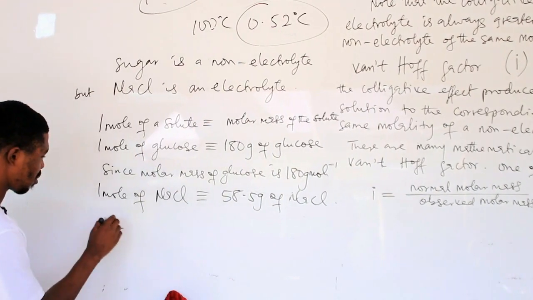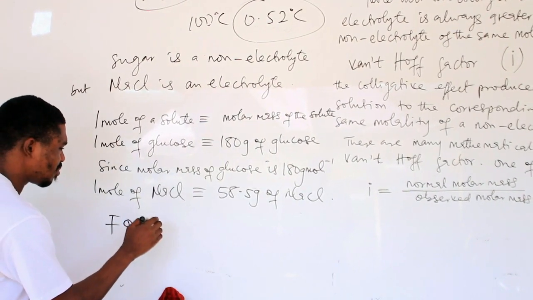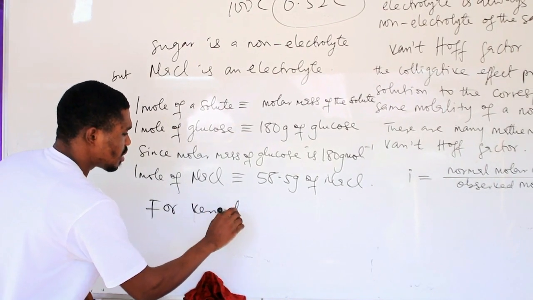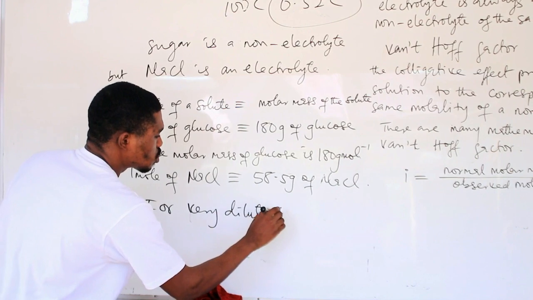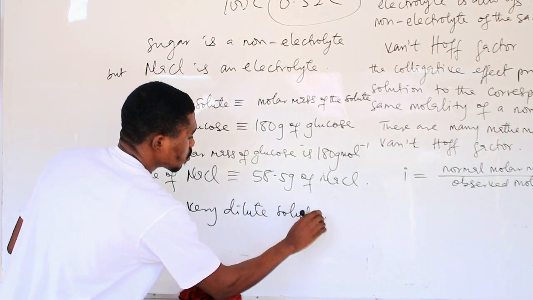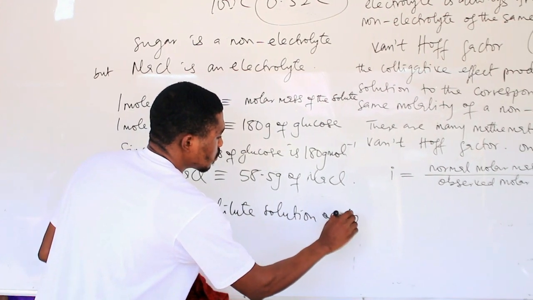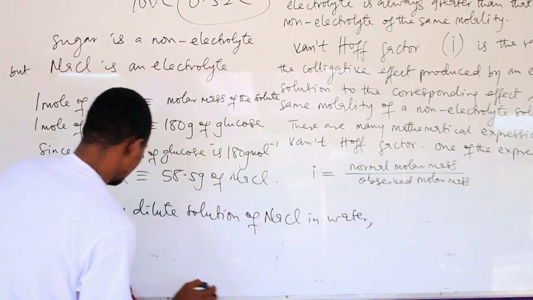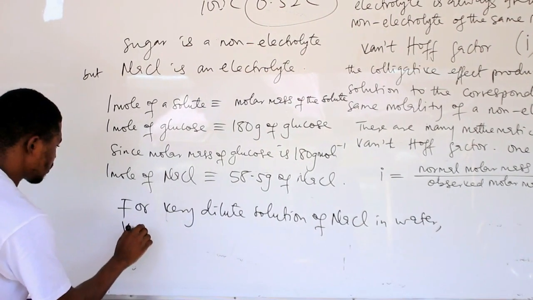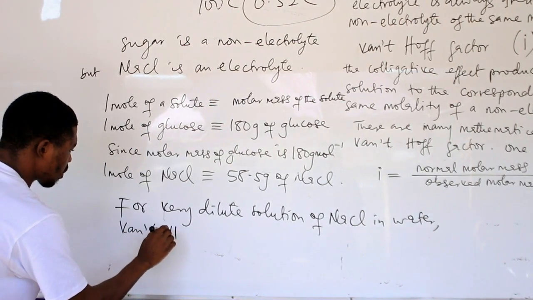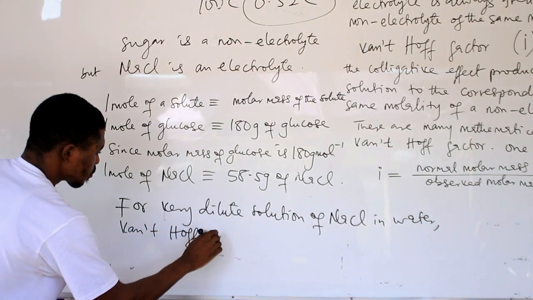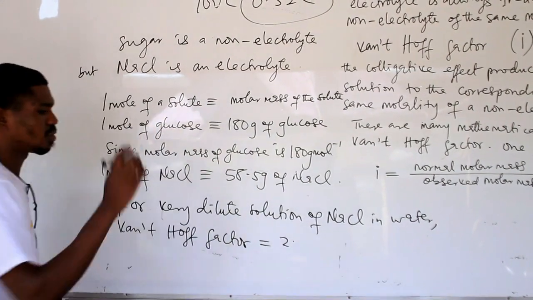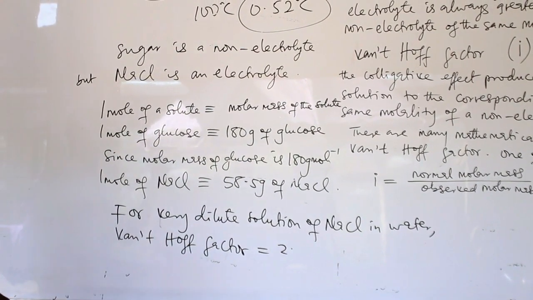So, for a very dilute solution of sodium chloride in water, Van't Hoff factor equals 2. What does that mean? Look at it.